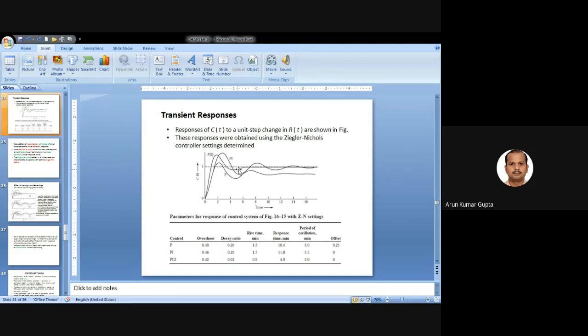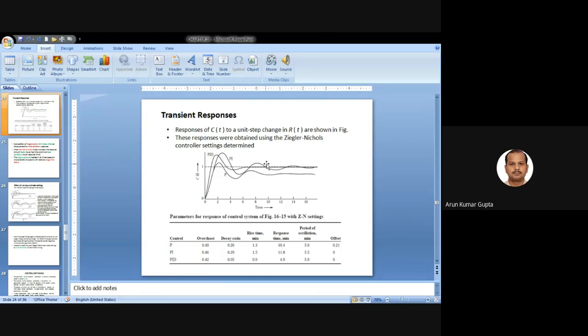You can say very quickly it is just suppressed. Even the response time also improves, meaning we are getting the set point in a much lower time. So the response time is also improved, and the oscillations also decrease in case of PID.